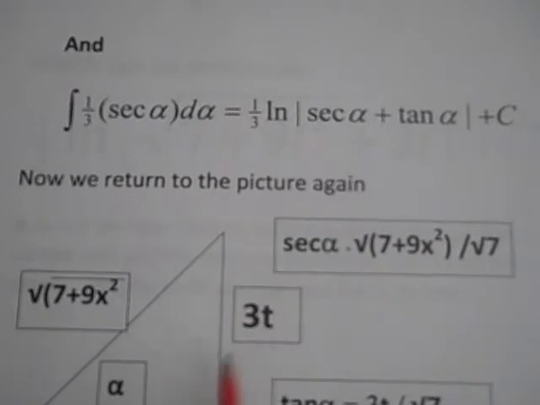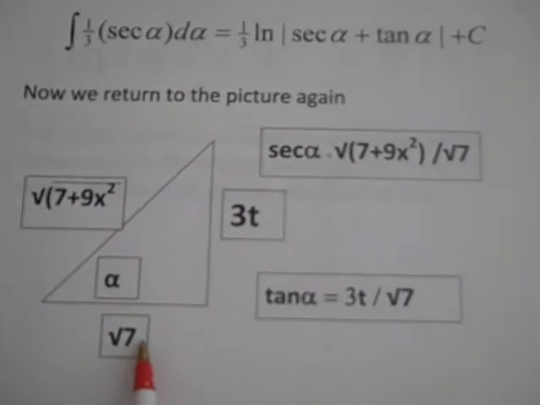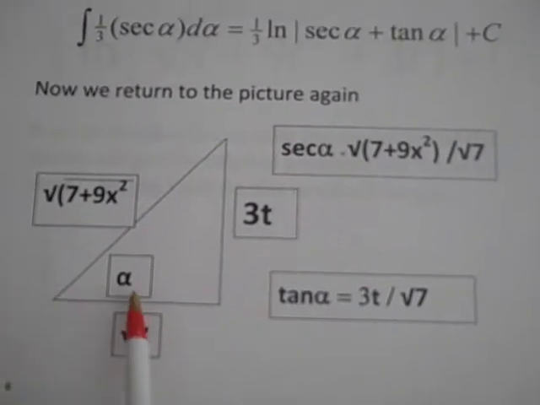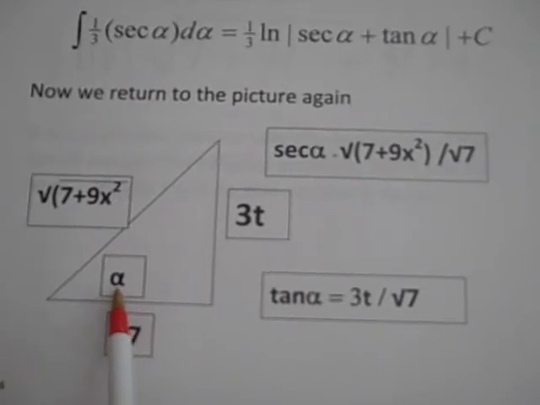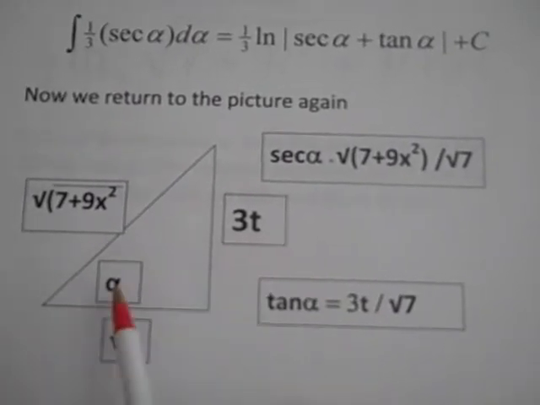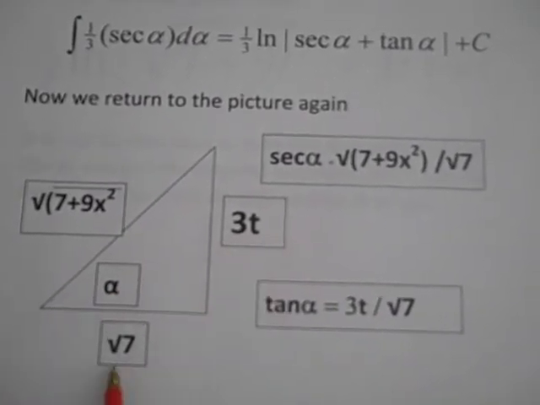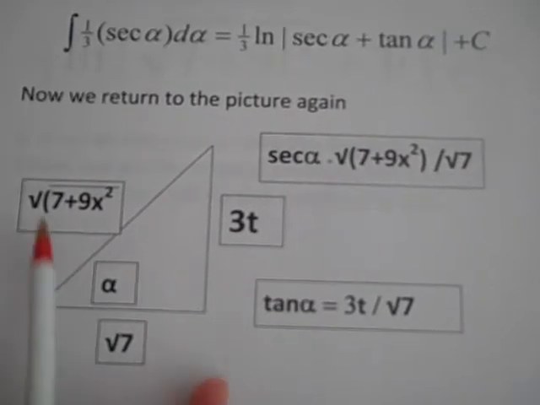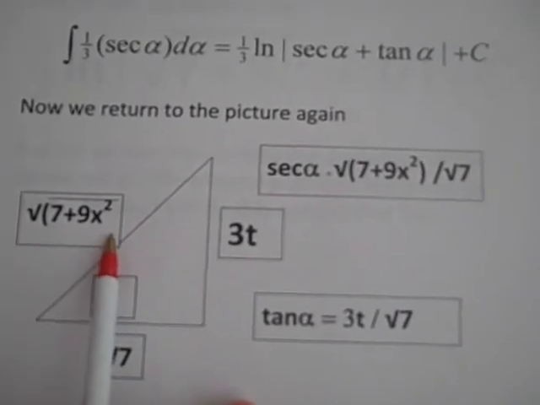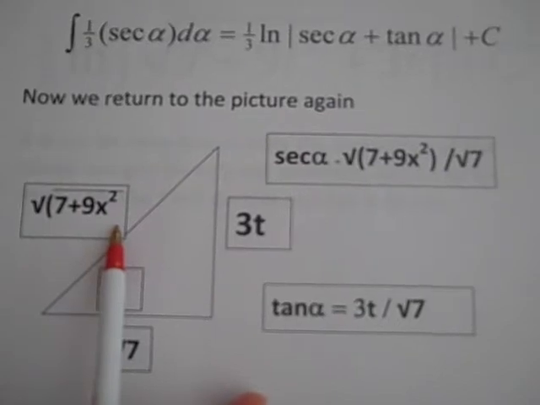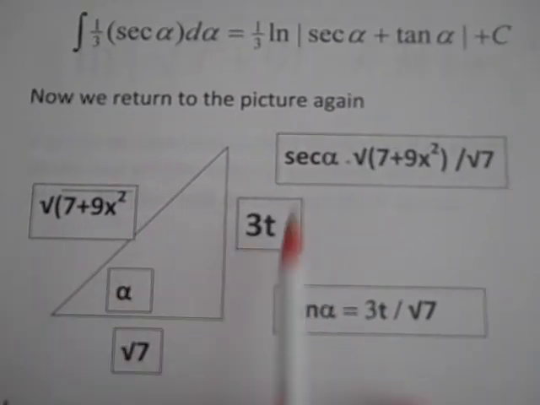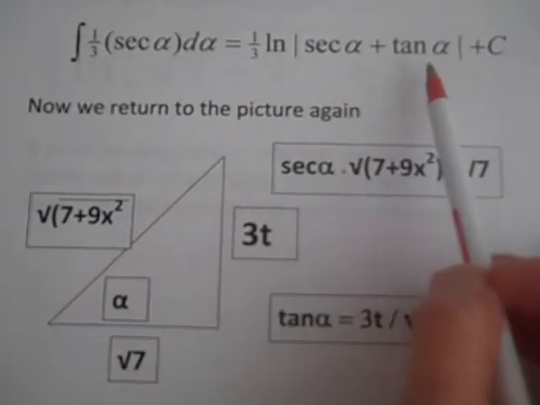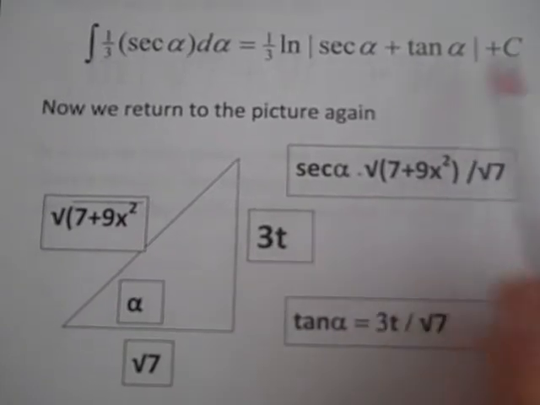All right, now we're not quite finished yet because remember our original problem was in terms of t. So let's go back to this picture that I said was important before. Here I have alpha, remember, and the tangent of alpha was 3t over the square root of 7. And then this was my hypotenuse. I remember I made some comments about that previously. So now we need to know what the secant of alpha and the tangent of alpha are both equal to.